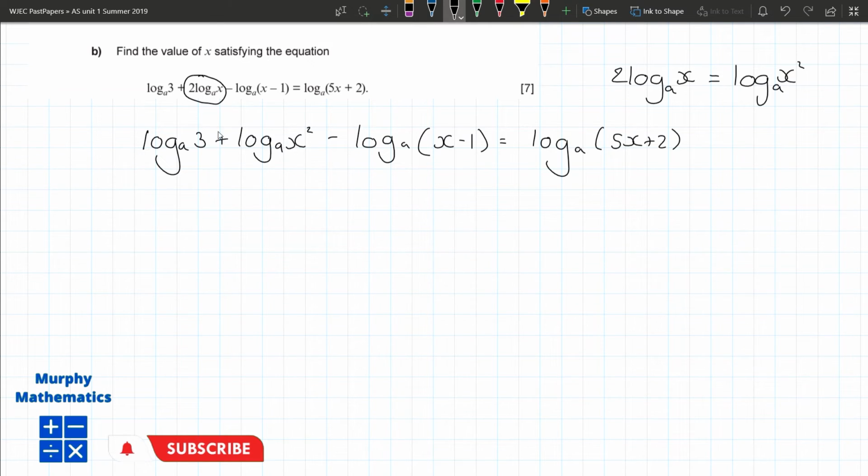So using my log laws, I've got log a 3 plus log a x squared, so I can change that to log a of 3 times x squared. And then I can do minus log a (x minus 1), which equals log a (5x plus 2).